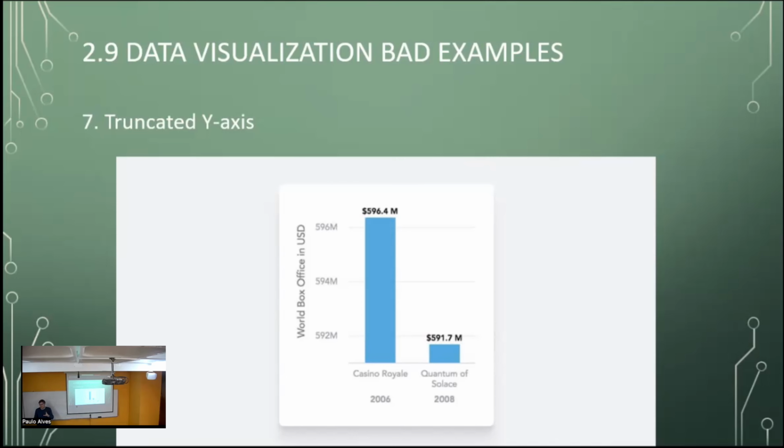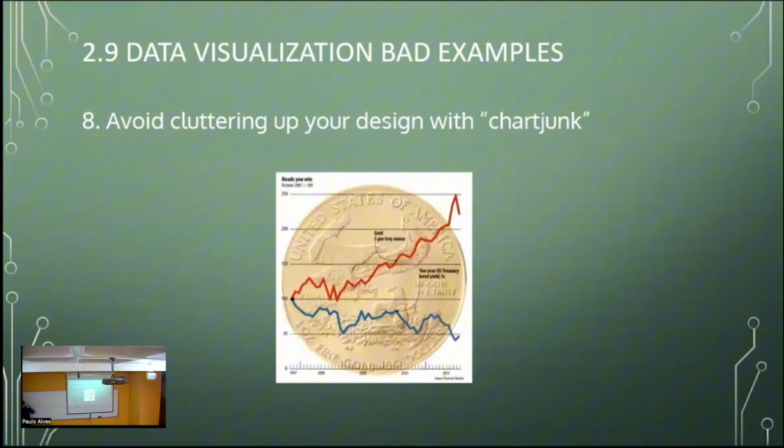But this is an example where maybe we are not using the right graph for that. So we need to create a graph that is not sensitive to the scale of, in this case, the two data. Okay.